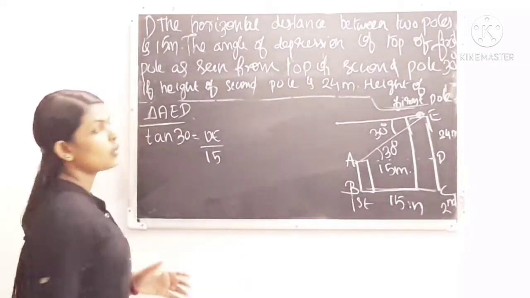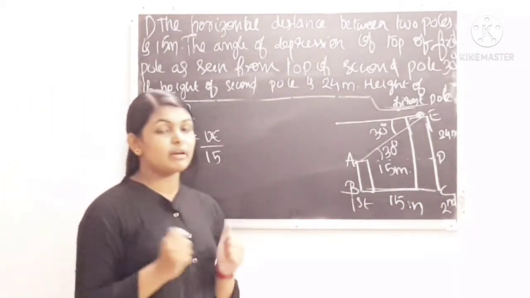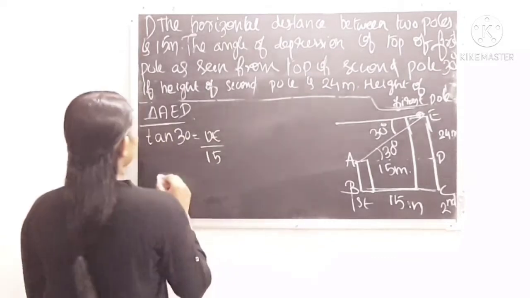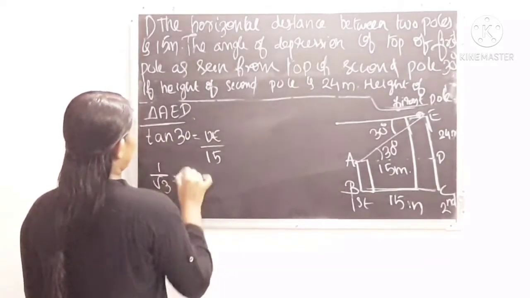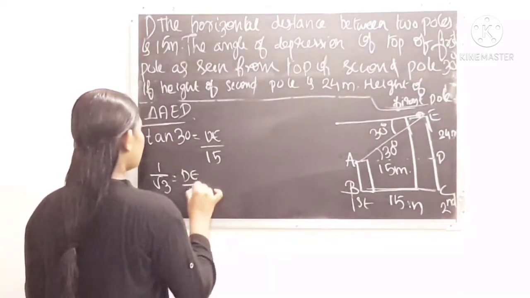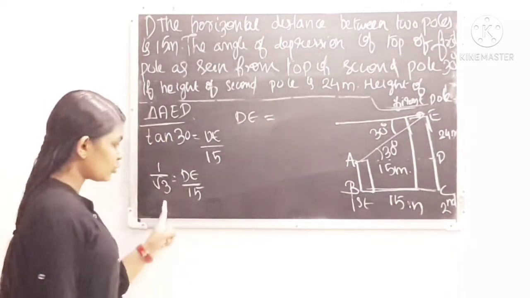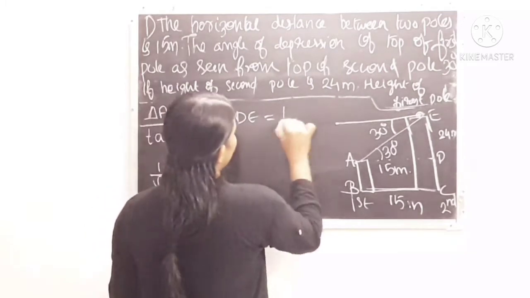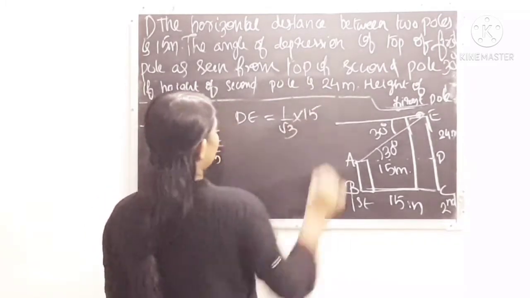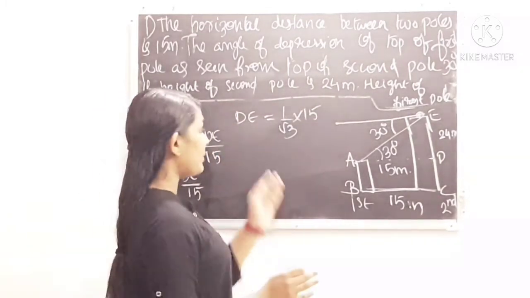So tan 30 is divided by 15 meter. What is the value of tan 30? Tan 30 will be equal to 1 by root 3. So 1 by root 3 will be equal to DE divided by 15. Now we can write DE as 1 by root 3 into 15. We can multiply both numerator and denominator by root 3.